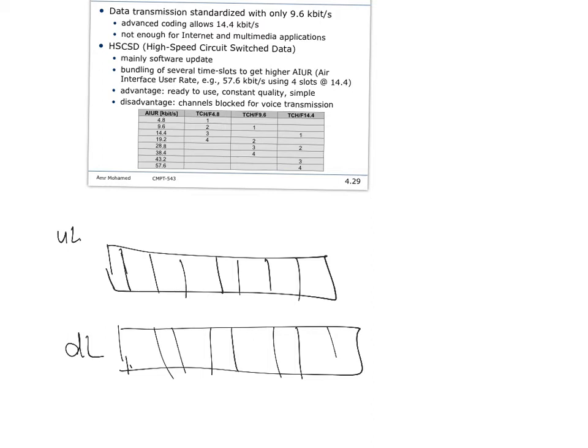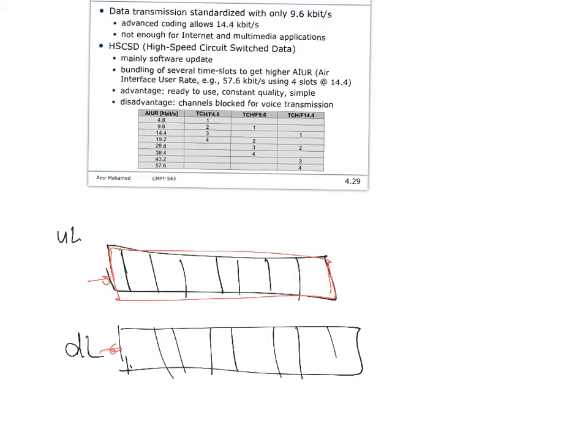So mobile stations could be full duplex or half duplex, okay? Depending on the hardware capability, whether the transceiver itself is designed to provide full duplex or half duplex. So if I assign all the 8 slots, this means that I will take the entire super frame for uplink and downlink, which means that the mobile station has to be full duplex.